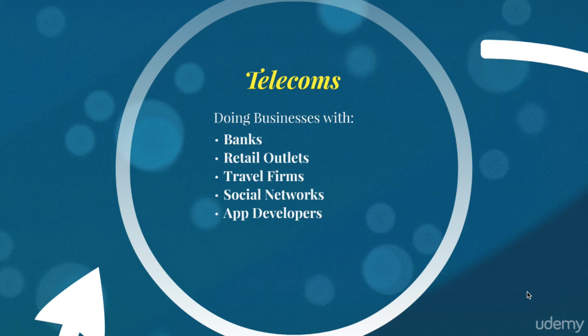With travel firms, for better targeted marketing based on customers' travel preferences. With social networks to identify true network nodes using complete network information. With app developers to get insightful information into what kind of apps are being preferred and why.